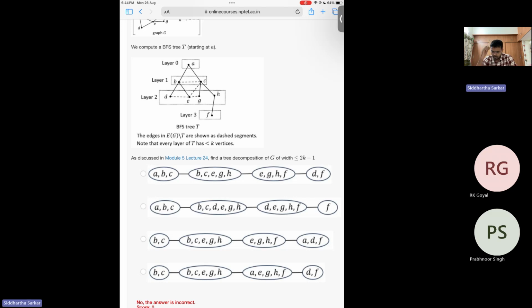So 6 minus 1, so width is 5. All these cases look like they're valid, but there is only one correct answer. So there should be some way to get to the correct answer from this tree decomposition. We'll see that.